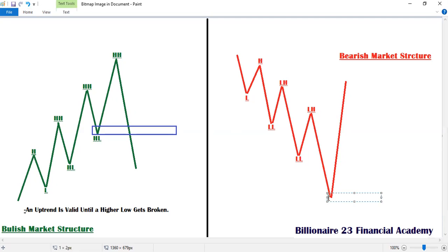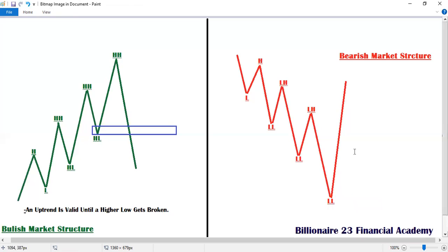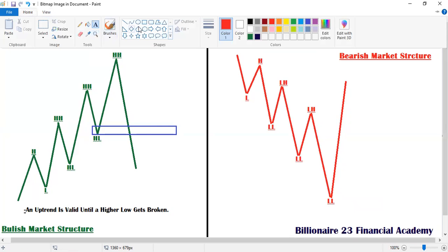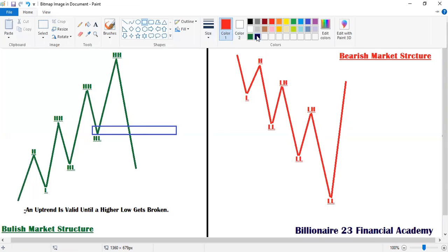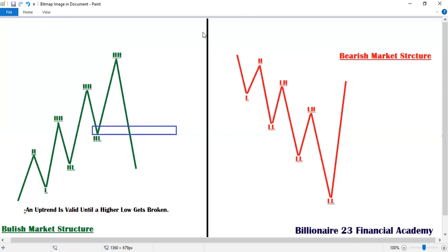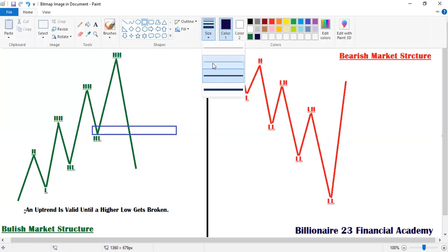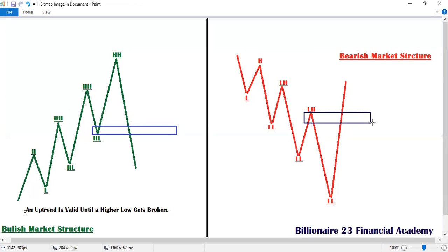Then price will drop down to form another lower low. And then we have the same phenomena. Let me just change this to here. And then once a lower high gets broken or intercepted, it signals the potential end of the downtrend.